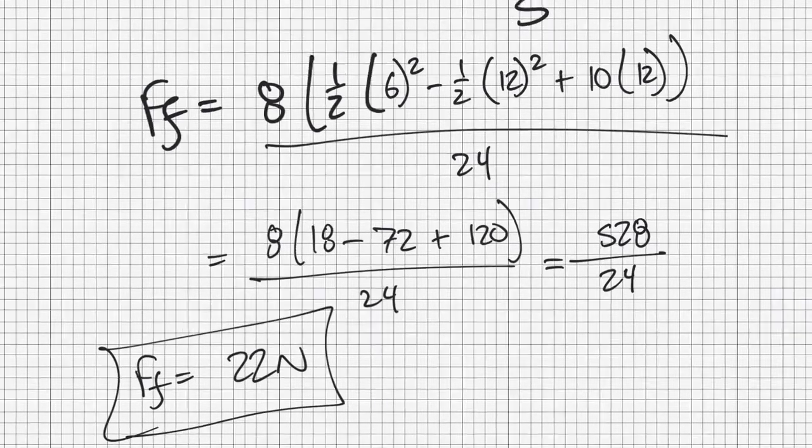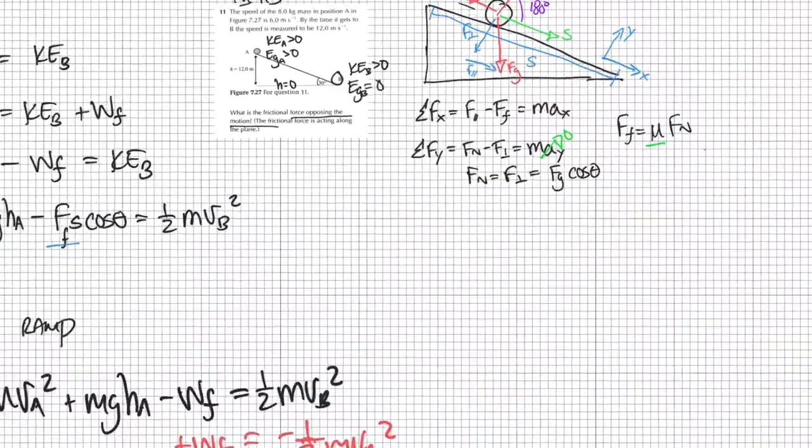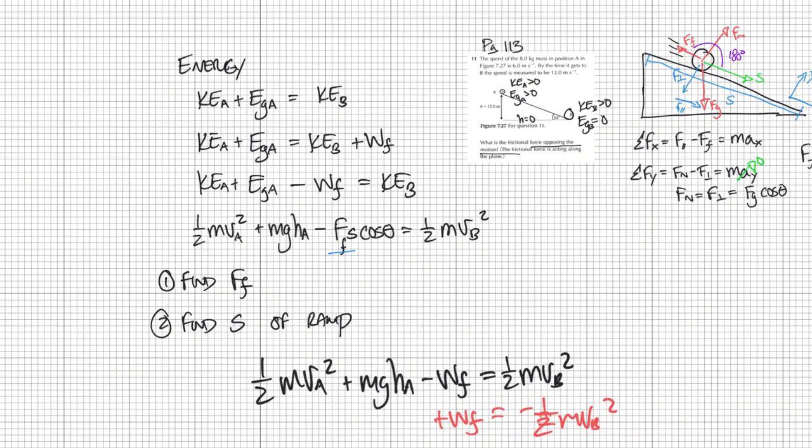So again, looking at this question, right, it's a good amount of work, but it's simply the idea that whatever energy I have to begin with is supposed to be the energy I have at the end. Well, I don't have the same amount of energy because I've lost some due to work.